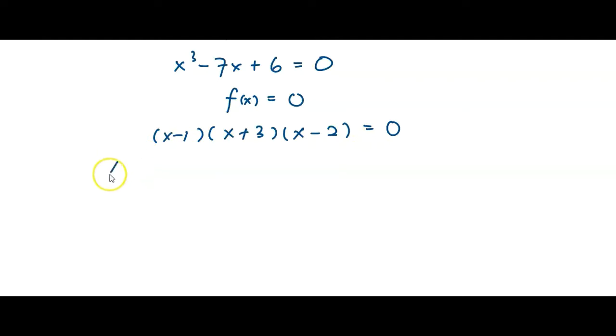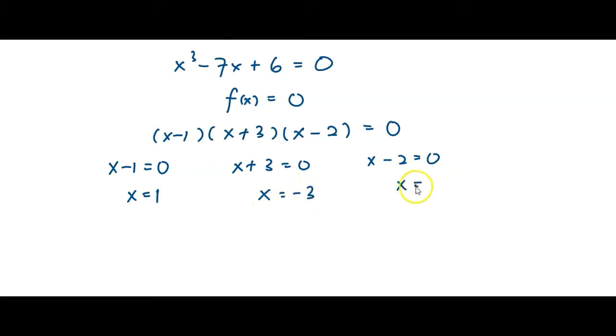Again, a multiplied by b multiplied by c equals 0, then you can say that either a equals 0, or b equals 0, or c equals 0. From here, you can solve for your roots, your solutions. So you got 3 solutions: x equals 1, x equals negative 3, and x equals 2.